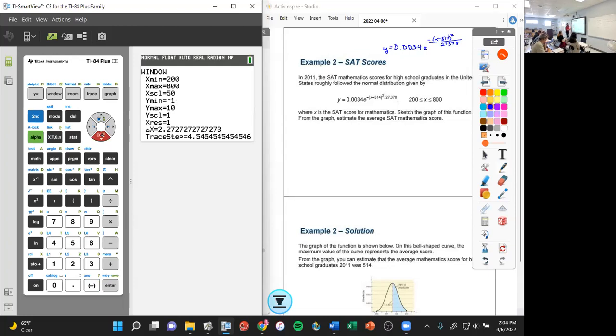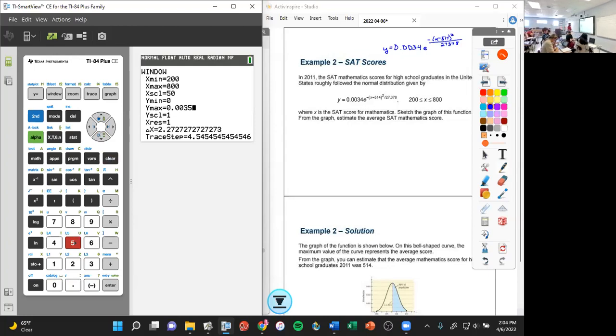Okay. So instead of being y min of -1 this time, I'm going to go ahead and leave it at 0. And I'm going to go up to 0.0035 and graph it. What's it look like? Does it look like a bell?